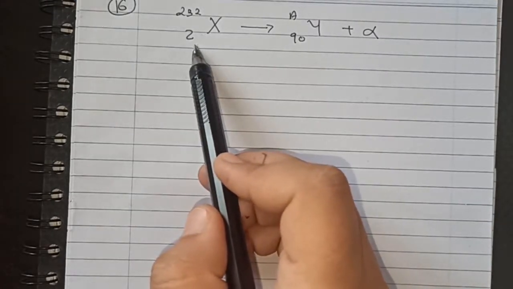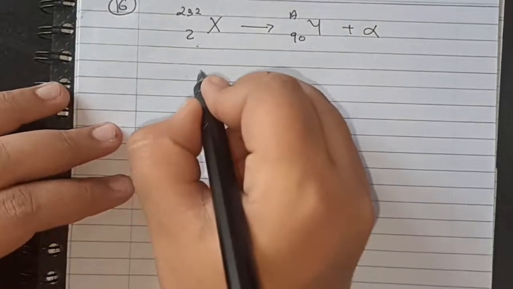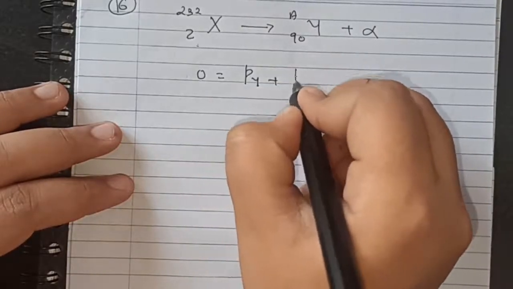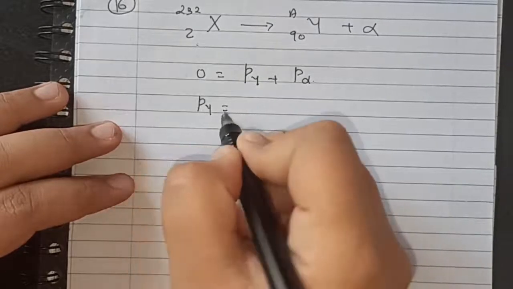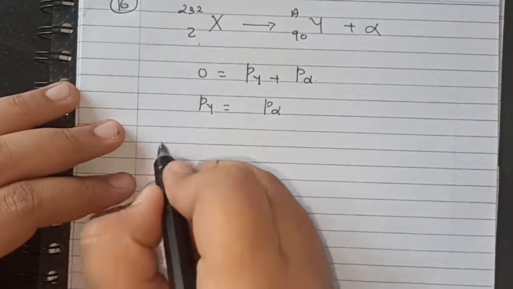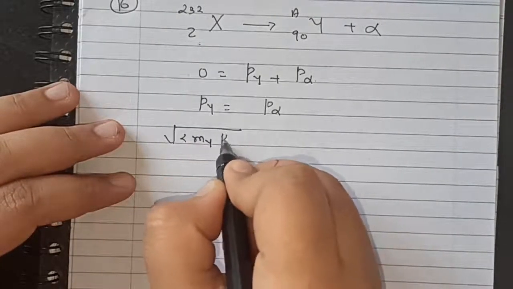The initial linear momentum of the system will be 0. So 0 is equal to momentum of Y particle plus momentum of alpha particle. So the magnitude of momentum of Y particle is equal to that of the alpha particle. Momentum can be written as under root 2 m into kinetic energy.